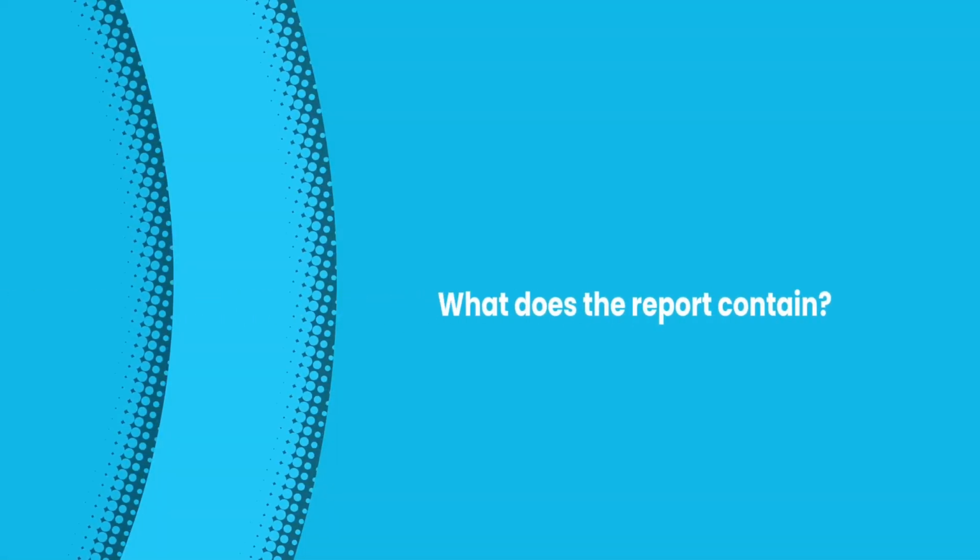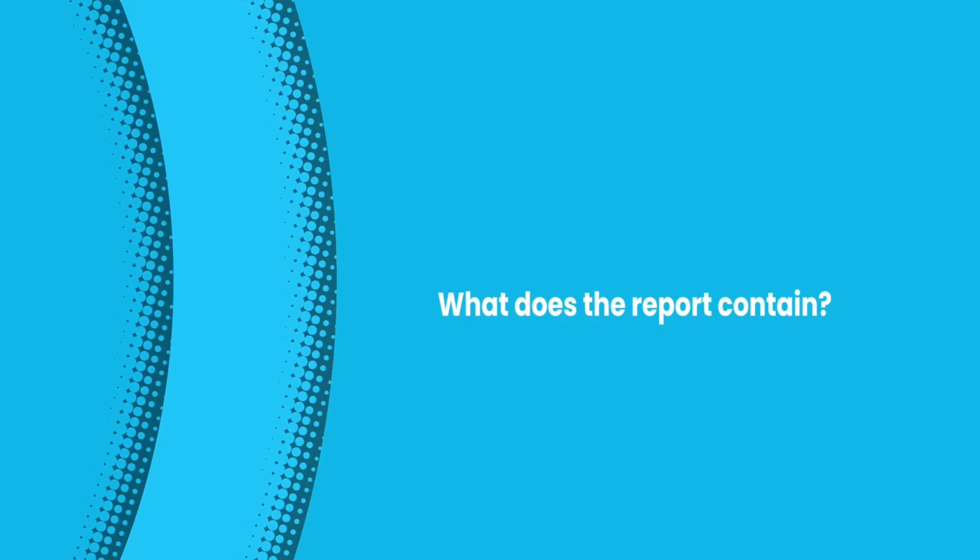So the question is, what does a report actually contain? The report contains 2 types of reports. You could say there is the overall executive summary, which is appropriate for executive level readers that may not necessarily be interested in the technical jargon, but they just want an overall view of their security posture and what the overall recommendations are.